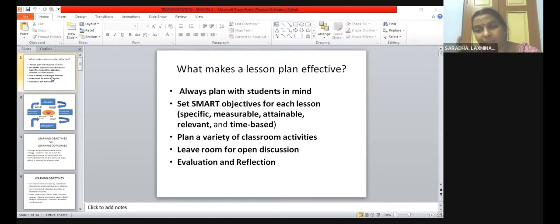First thing is, we will plan with the students in mind. It is not for us. The lesson plan is not made for us. It's only for the child. So according to the necessity of the students, we will plan the lesson plan. We will cater to the needs of the students.